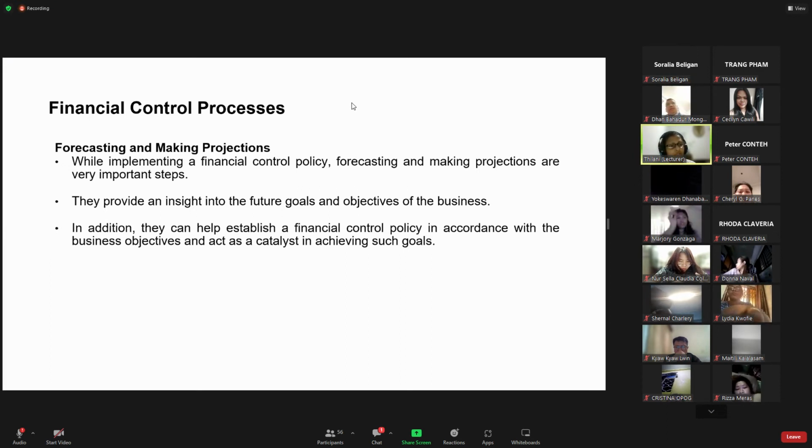They are very important, right? Because you don't know actually what you will get, but you have to make a forecast. It's like giving you an insight into the future goals and objectives of the business as well. So it will also help in the long run when implementing financial control policies, which are in line with the objectives of the company.